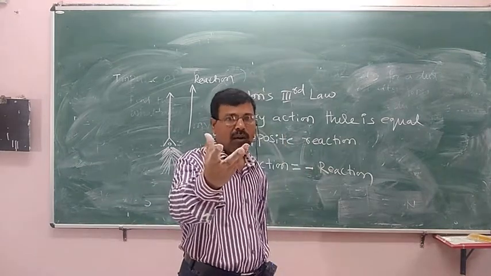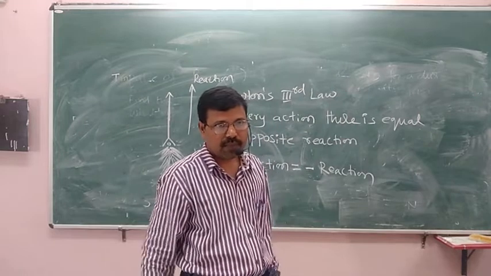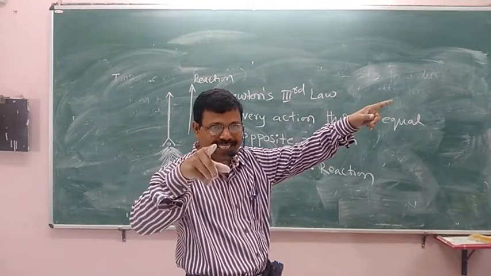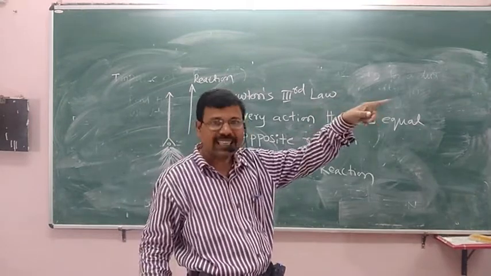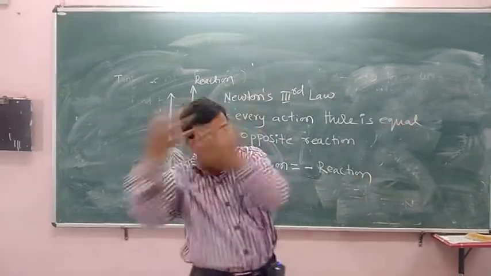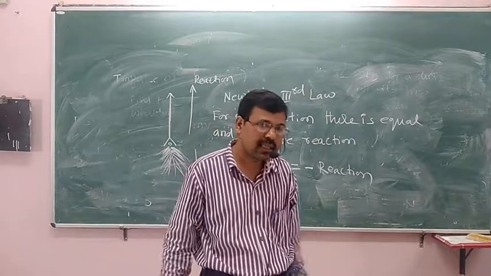You take a ball and throw it towards the wall. What is the action? The ball hitting the wall surface is the action. What is the reaction? The ball bouncing back is the reaction.